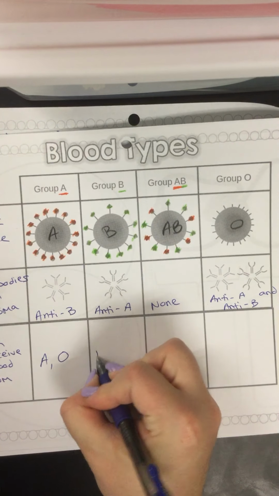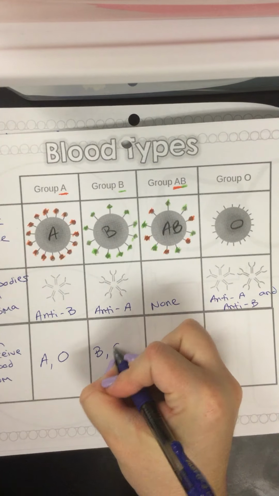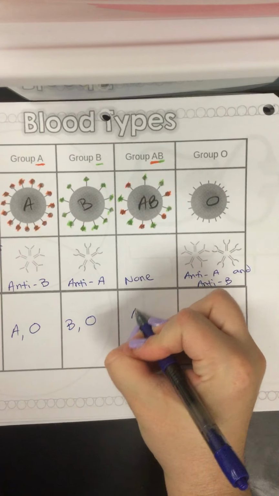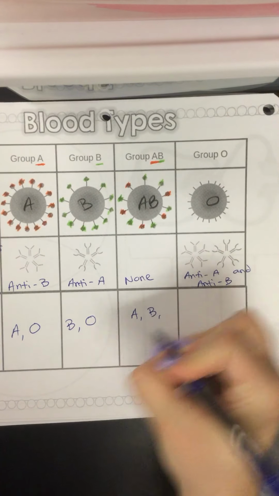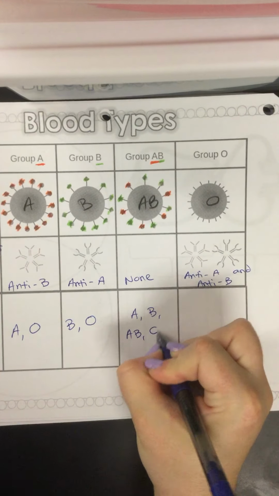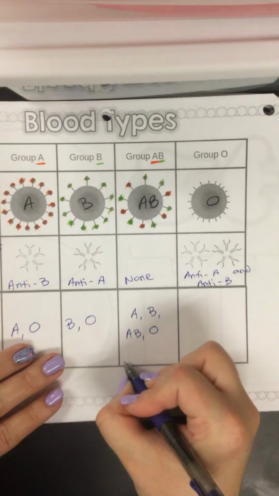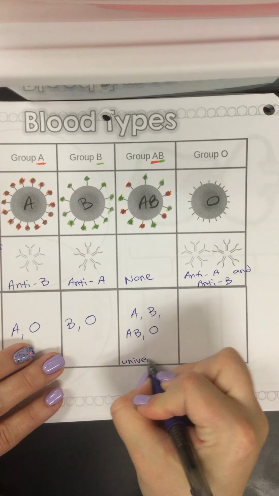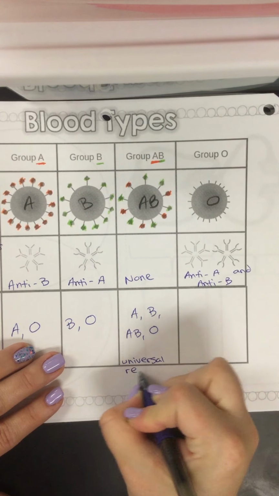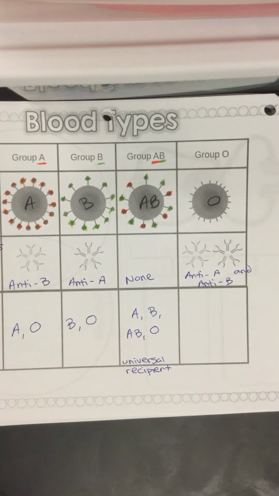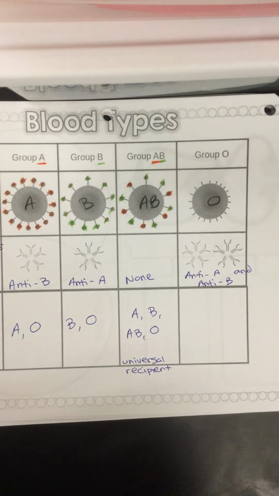B's can get blood from other B's and also from O's. ABs can get blood from A, B, AB, or O, and from anybody. So that's called the universal recipient, meaning that they can get blood from anybody as long as the plus and minus thing goes together.